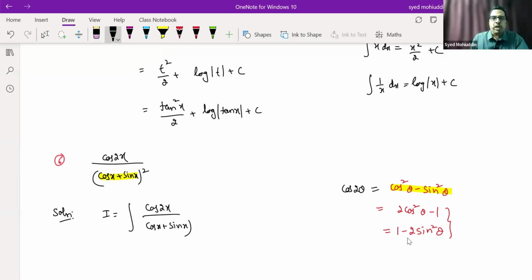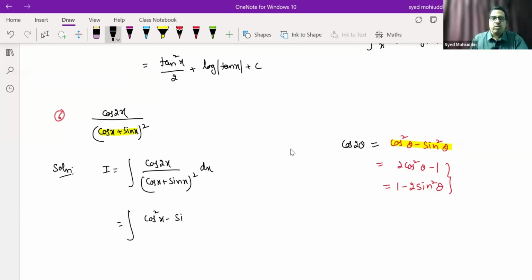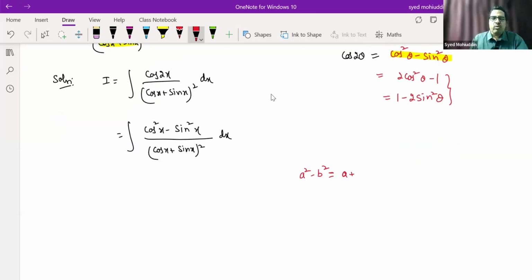Now we'll replace this cos 2x with cos square x minus sin square x, divided by the denominator, (cos x plus sin x) whole square, dx. If you observe, the numerator is of the form a square minus b square, which can be written as (a plus b) into (a minus b).